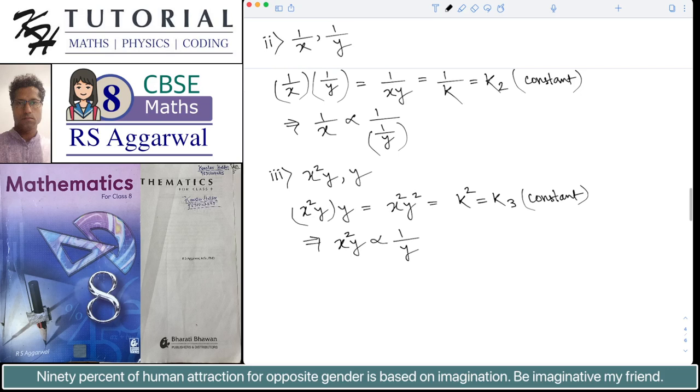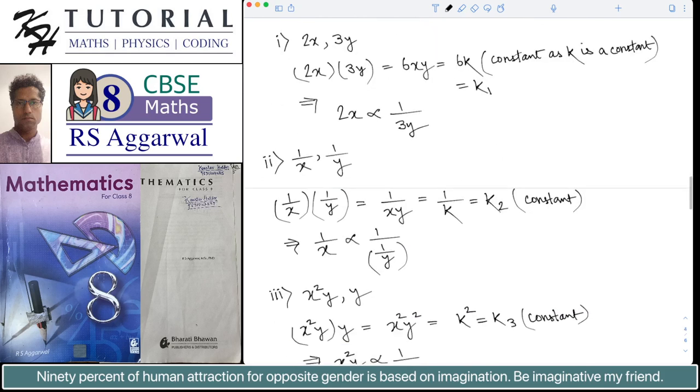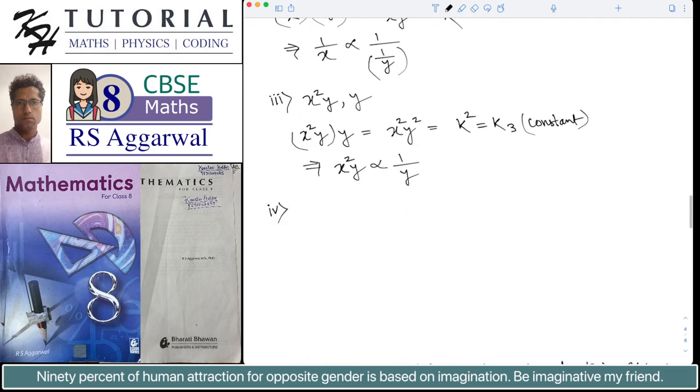Let's see part 4, x plus 1 and y minus 1. The quantities are x plus 1 and y minus 1. So we have to see whether the product is a constant or not.